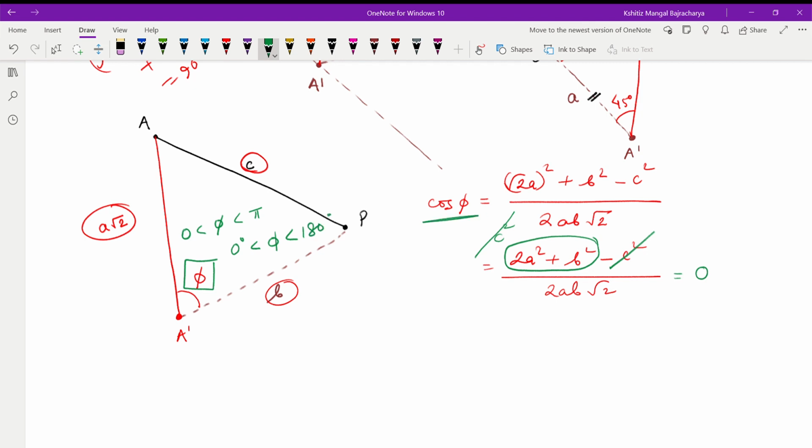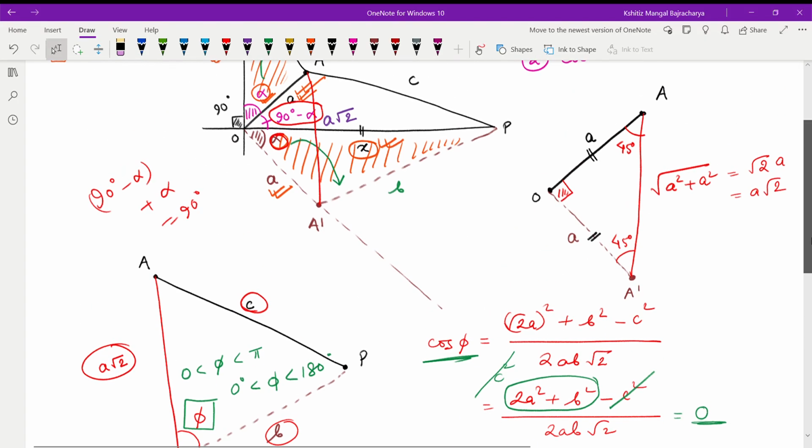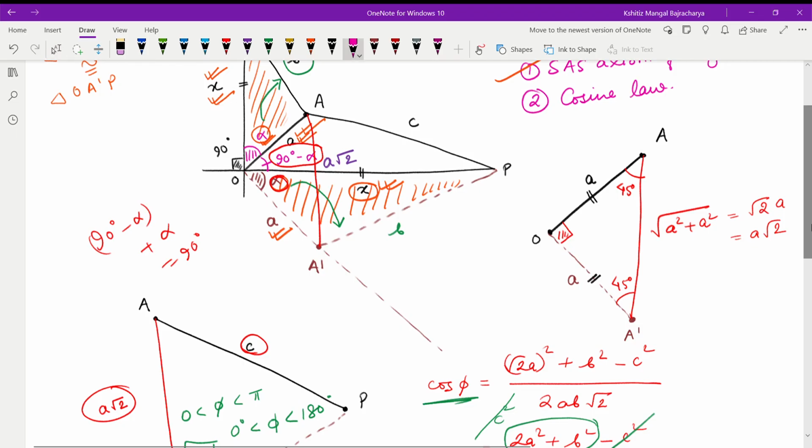So this trigonometric equation has a unique solution, which is phi equals 90 degrees. So this angle is 90 degrees, and this angle was 45 degrees. Now we're almost done.